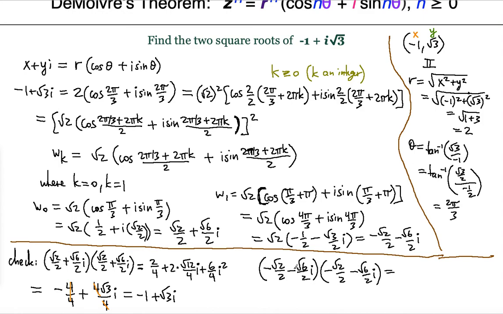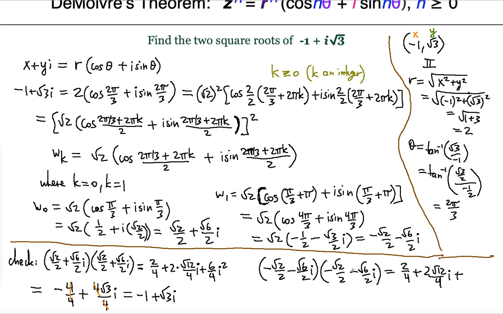Just like in the first product, the two minuses give you a plus, so it's going to be 2 over 4. And this is going to be twice the product, which is going to be positive, right? Because both products give you a positive net sign, this one and that one, and this one and this one, right? So twice radical 12 over 4i. Yeah, I'm not going to forget the i this time.